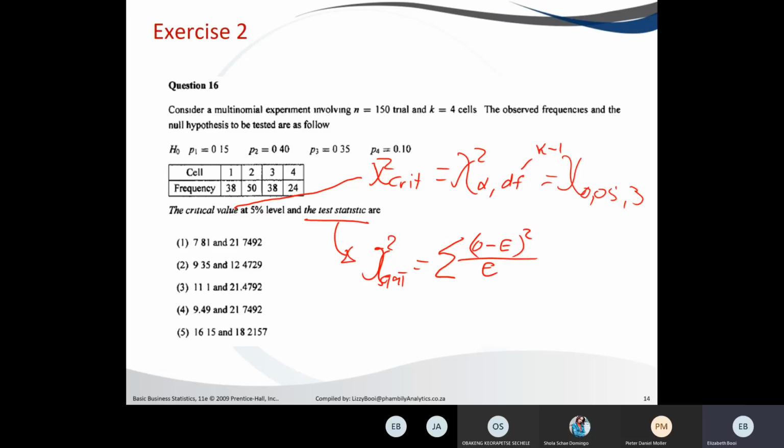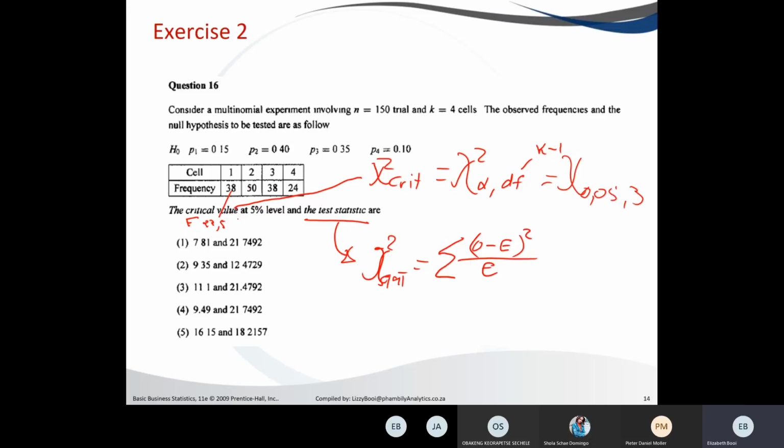And if you calculate the expected value, for example, 0.15 multiplied by 150 will give you 22.5. So for this, the expected value will be 22.5.